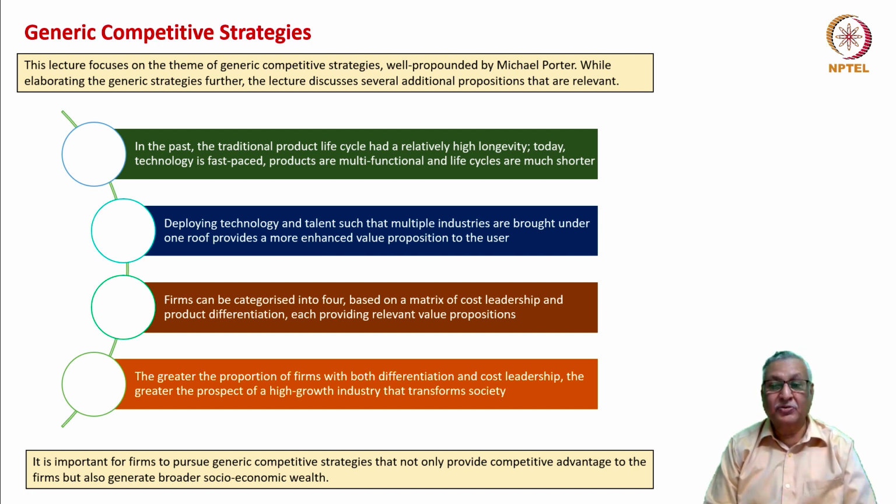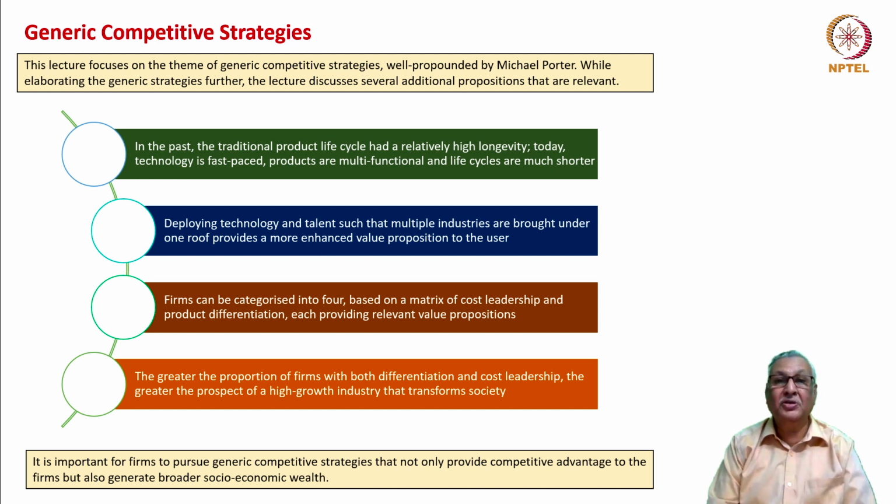Depending on that, as we saw, based on the matrix of cost leadership and product differentiation, we can categorize the firms into 4 categories. The greater the proportion of firms with both differentiation and cost leadership, the greater are the prospects of a high growth industry that transforms society. What it means is that if a company is able to pursue simultaneously a product rich architecture along with a cost lean architecture, it would be in a winning position.